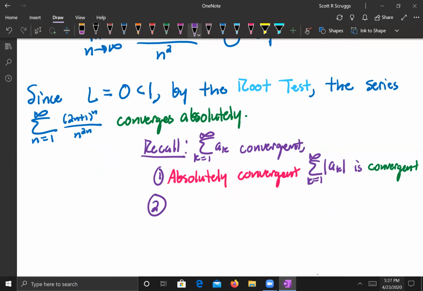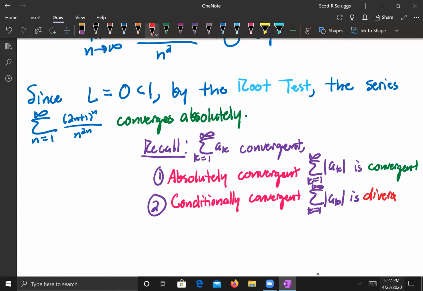The other type of convergence that I have is conditionally convergent. And I get conditional convergence if I check the series where I take the absolute value of each term, and I actually show that it is a divergent series.